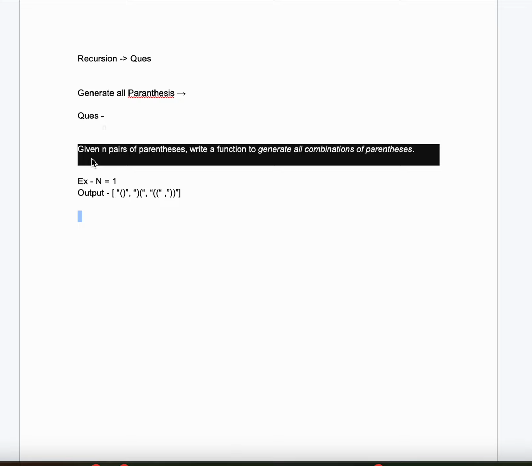Given n pairs of parentheses, write a function to generate all combinations of parentheses. So what it means, n pairs means you have any number and it can range from 1 to 15 here.